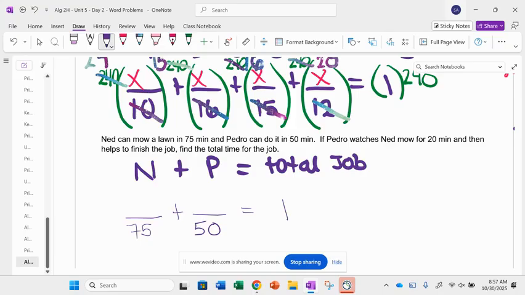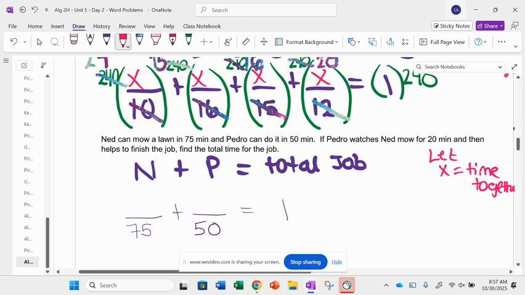So what I'm going to do is let X equal time together. And Pedro, it's safe, he didn't do any extra work, right? So his numerator is X because he joined in and then they finished the job together.